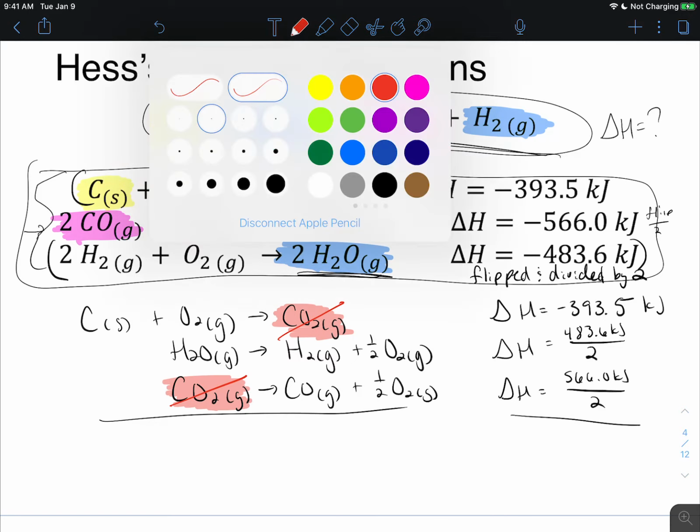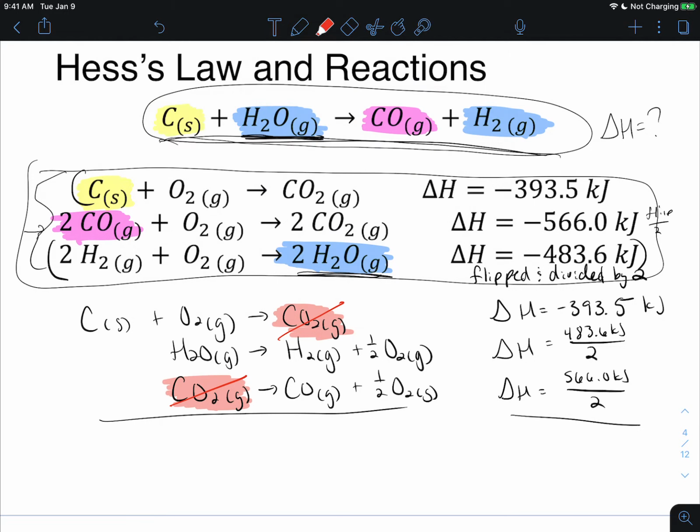And then we look. We have this O2 right here as a reactant. A half O2 molecule and a half O2 molecule. 2 halves gives us 1. Those will also cancel out.